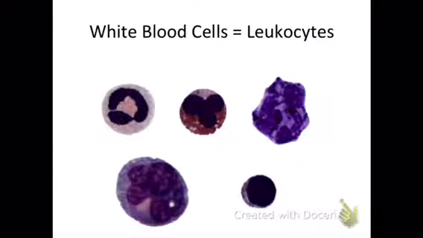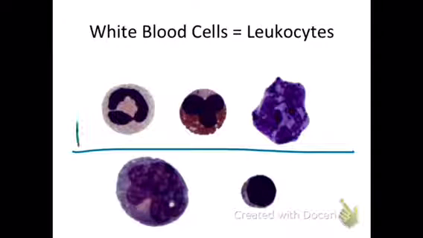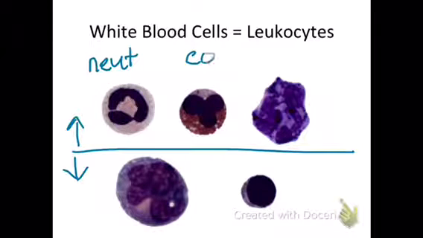So I have pictured here the 5 main white blood cells that we see in blood, and they're further divided into the segmented forms and the mononuclear forms. So we have, with the segmented forms, our neutrophils, eosinophils, and basophils.